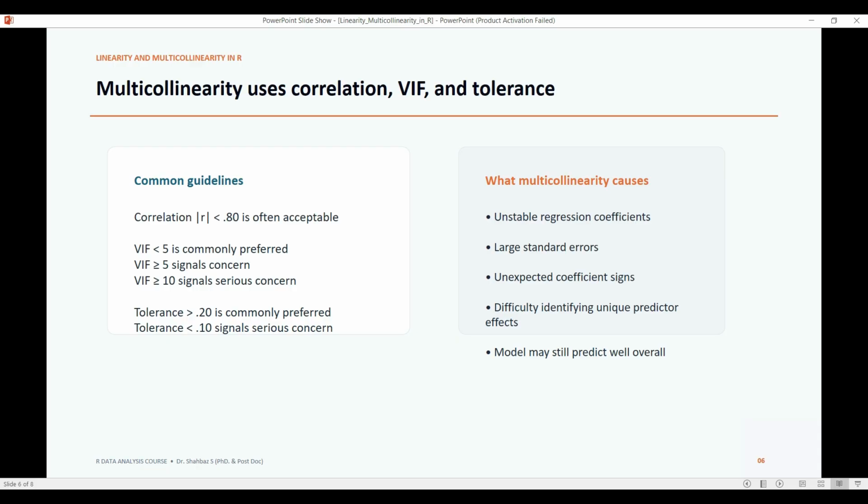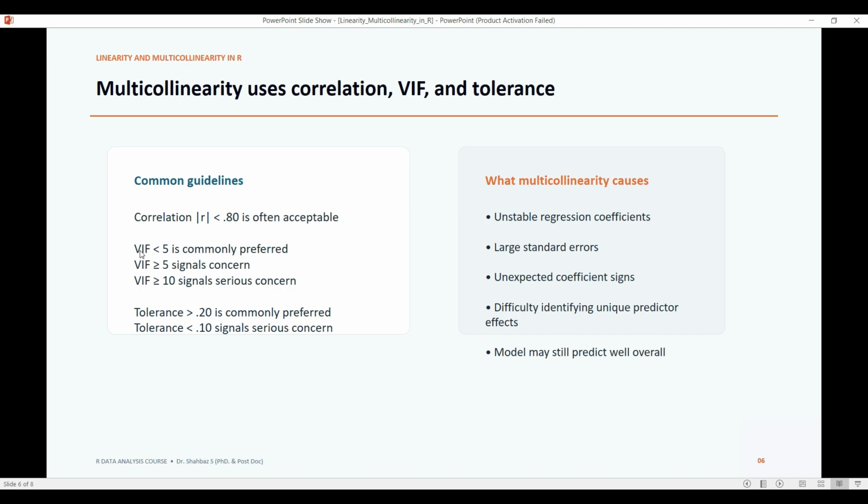So we see the threshold values: multicollinearity uses correlation, VIF value, and tolerance level. Common guidelines: as the recommended criteria, the r value less than 0.80 is often acceptable, because the correlation value falls between -1 and +1. However, in some cases values above 0.8 or above 0.9 are considered multicollinearity.